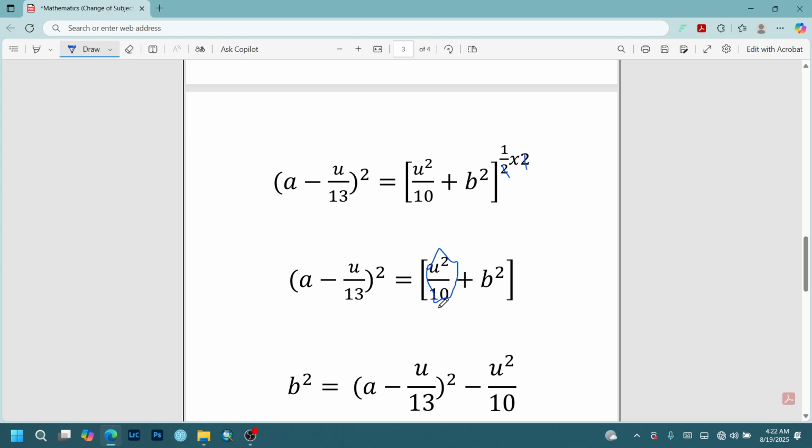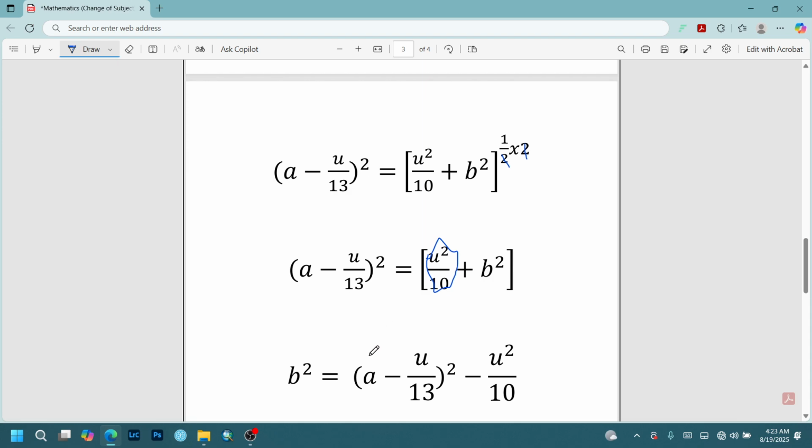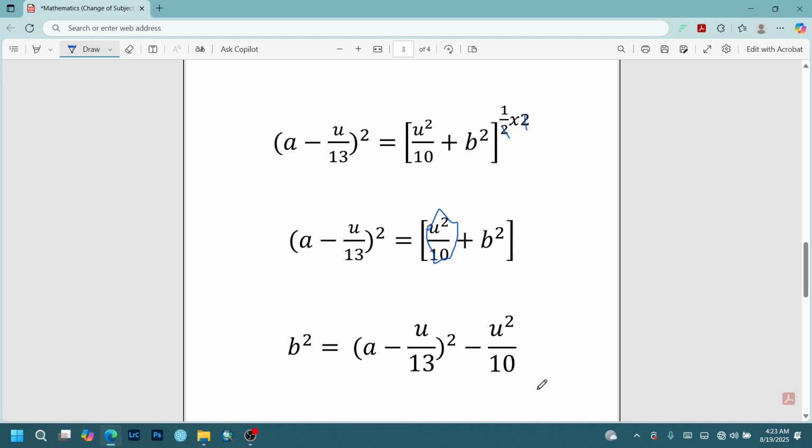This fraction U squared over 10 is a positive number, so when we shift it to the other half of the equation, it will change its form, based on our earlier explanation, to become a negative number. We are going to have our B squared to be, in brackets, A minus the fraction U over 13, squared, minus the fraction U squared over 10.